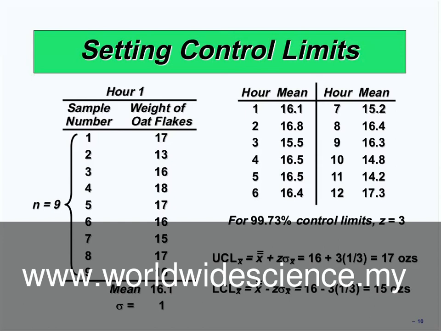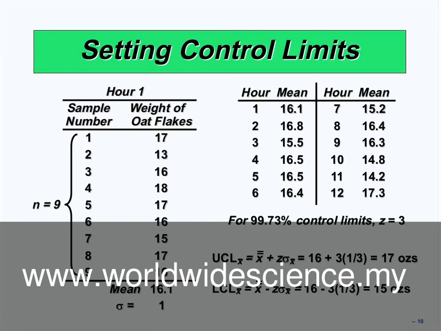Okay. Now we want to draw the graph of x bar, because the UCL and LCL have been calculated. The diagram is composed of 2 axes, a vertical axis and a horizontal axis. UCL is the upper control limitation.